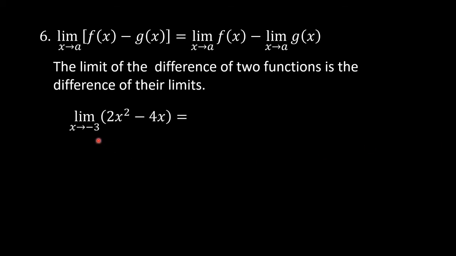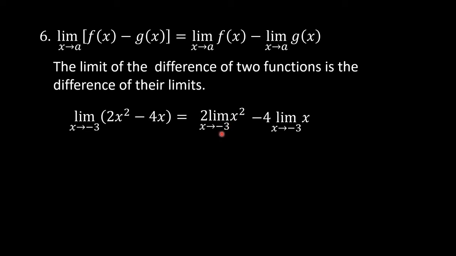Example, the limit of the quantity 2x squared minus 4x as x approaches negative 3 is equal to 2 times the limit of x squared as x approaches negative 3, and then minus 4 times the limit of x as x approaches negative 3.